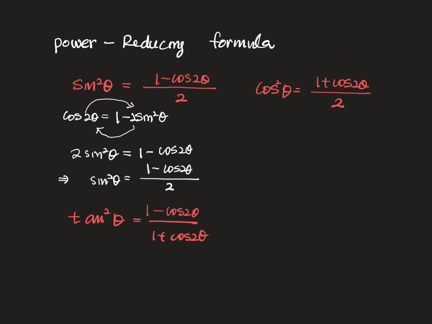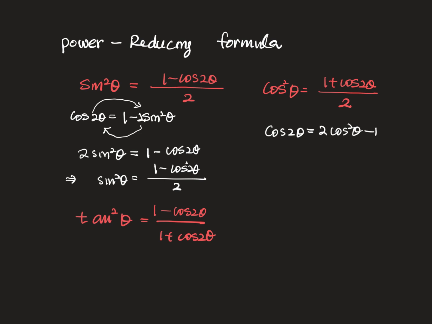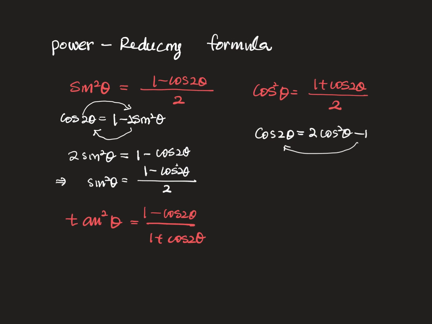What this formula tells you is that the square power 2 is reduced to power 1 of cosine. That's what this formula is saying, guys. Let's talk about one more. Cosine 2 theta is 2 cosine squared theta minus 1. From the double angle formula, I'm going to move the 1 over here.